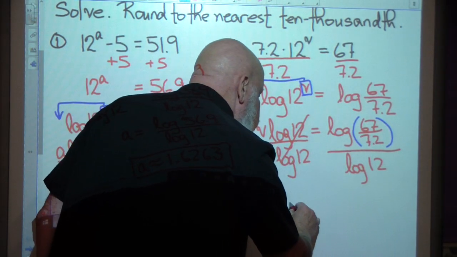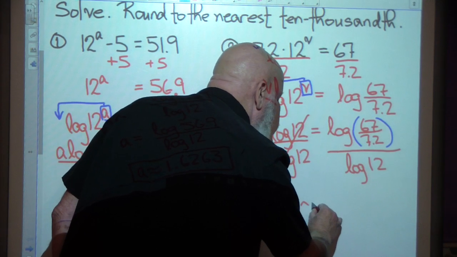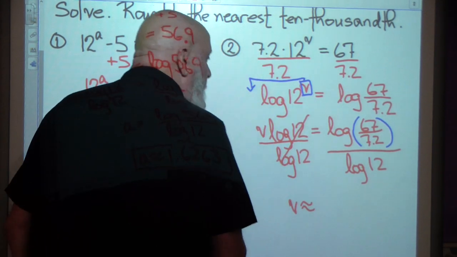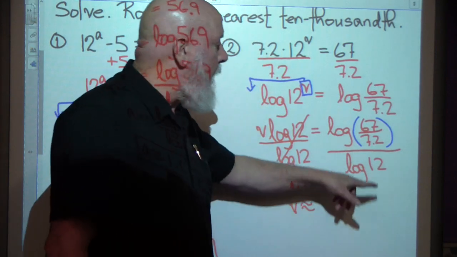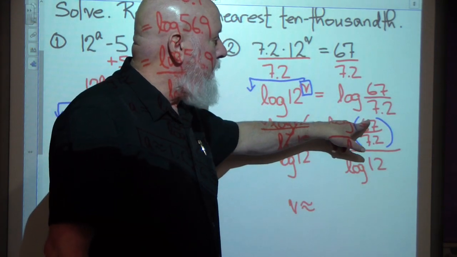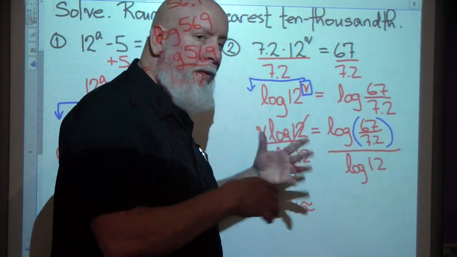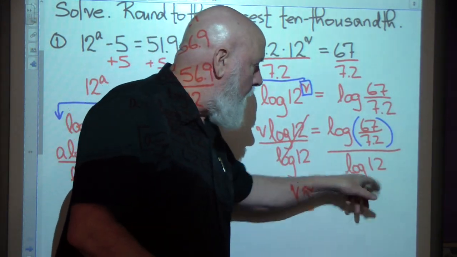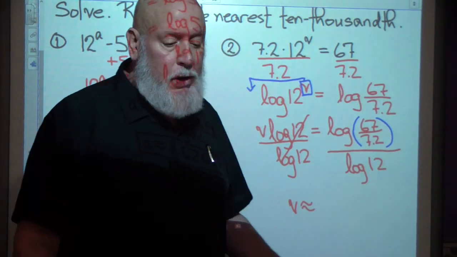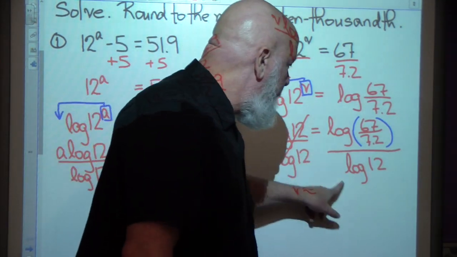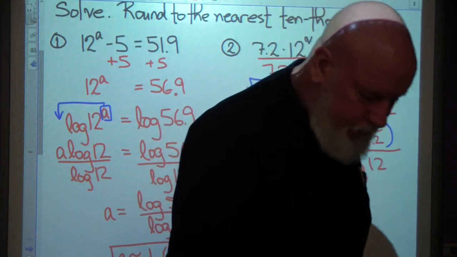These will cancel and give me V is approximately equal to whatever this mess is when I get it into my calculator. I'm going to go log parenthesis 67 divided by 7.2, close parenthesis, divided by, or you can hit your fraction bar, it doesn't matter, log 12, and then see if that's among my choices. It should be. If it isn't, then I'll put this in parentheses, but it should be.